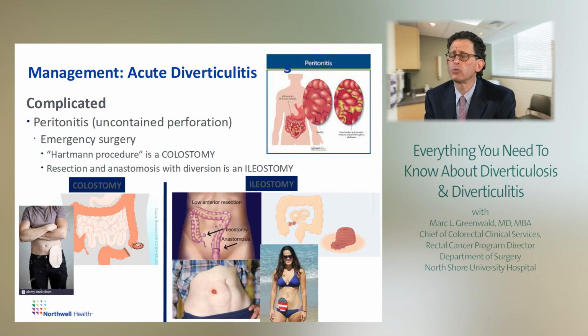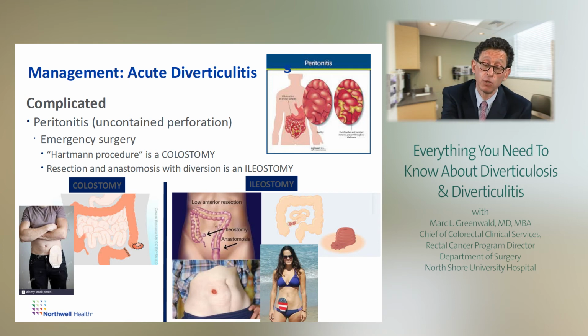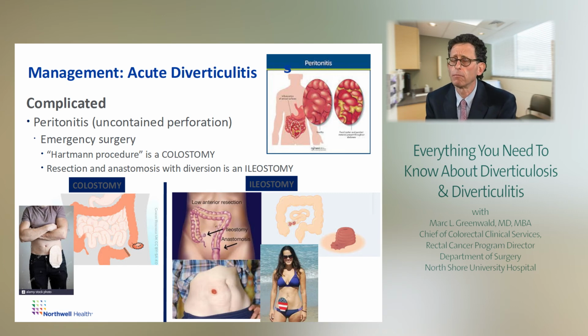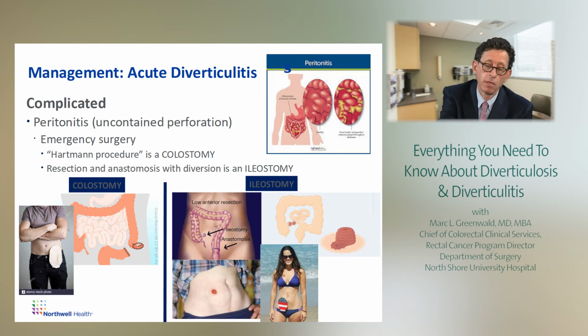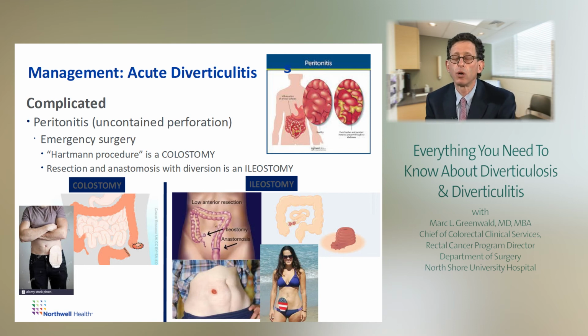Because if we don't do that as surgeons, the risk of recurrent diverticulitis is significant. People can get diverticulosis and diverticulitis in the remaining colon, but it's rare. On the other hand, people very often get diverticulosis and diverticulitis in that sigmoid colon.